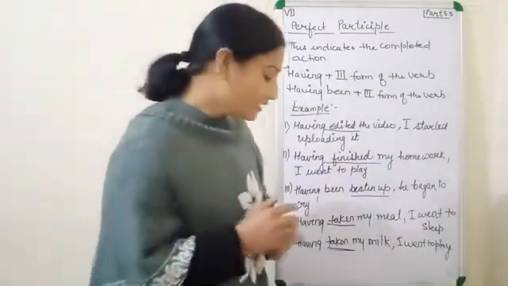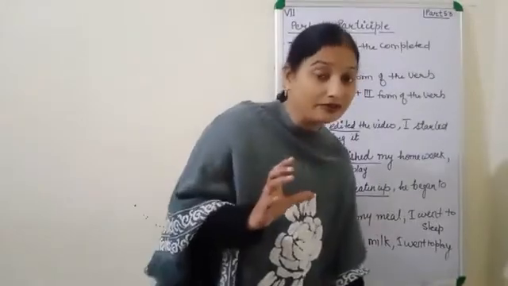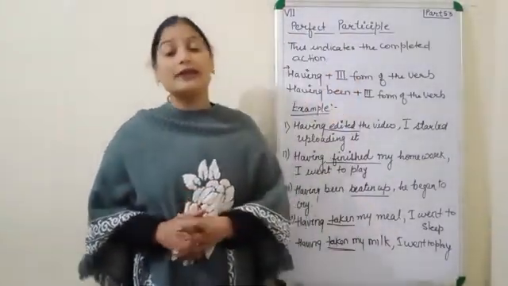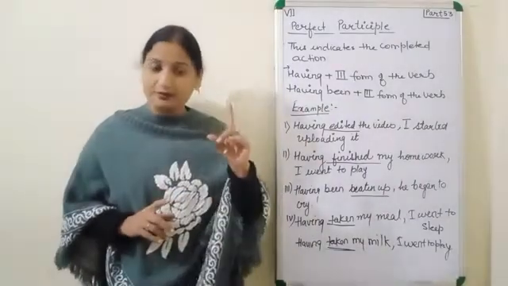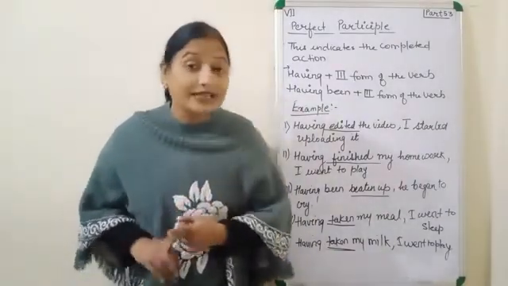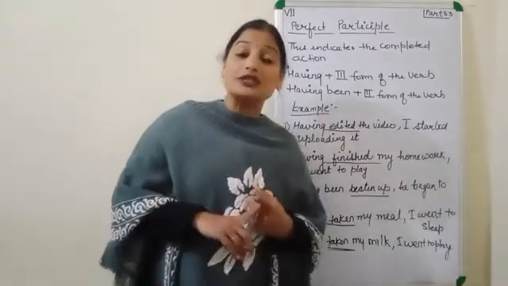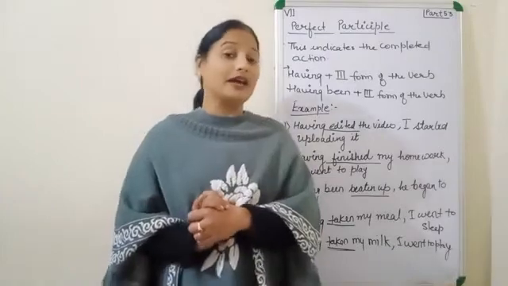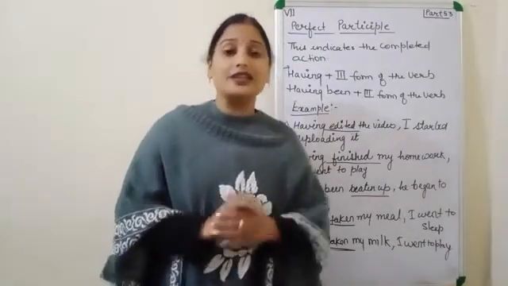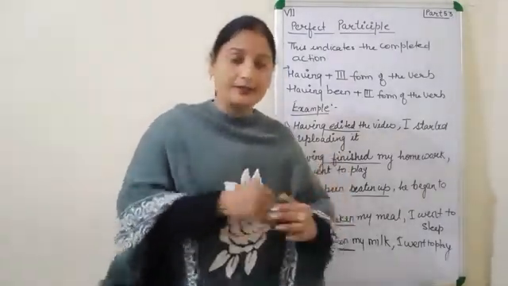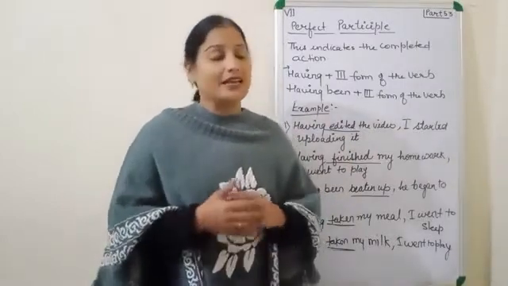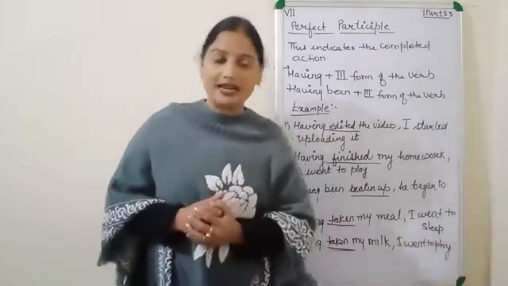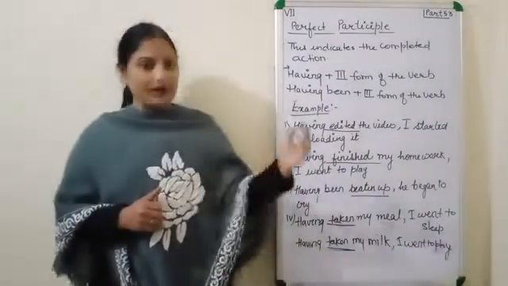Okay, just have a look or a review of the participles, children. These participles, they are not the main verbs. Second point, these participles are used in a sentence as an adjective because they qualify the noun. And if they show that the work is still going on, then that is called the present participle.